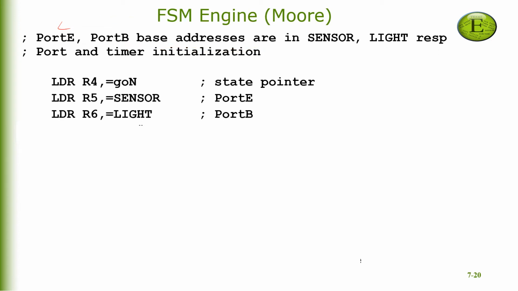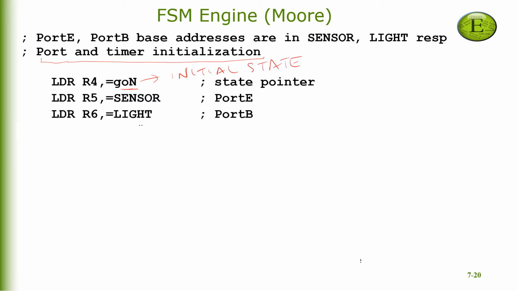These are also defined and stored in the ROM. And it is also assumed that we have a code written already for the port B and E initialization as well as the initialization of the timer. Then the main part of the code goes as follows. We're going to load the base address of GoN state, assuming that this is the initial state. We have to assume some initial state of our system.